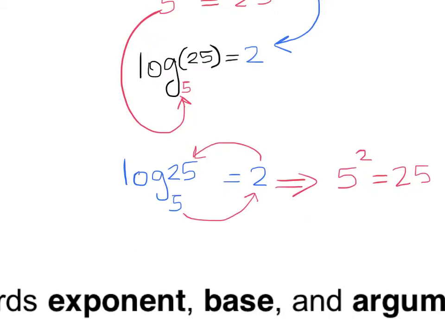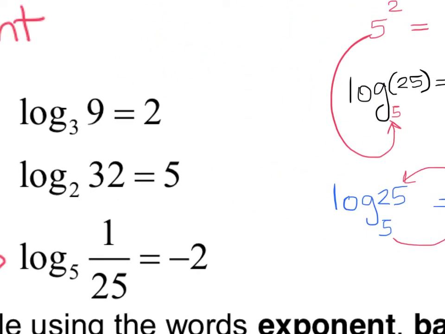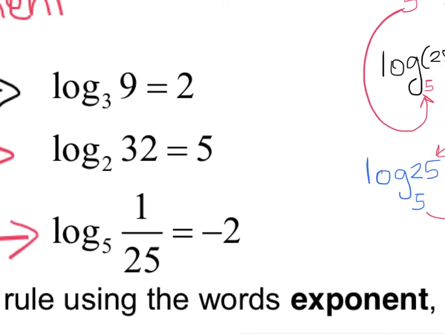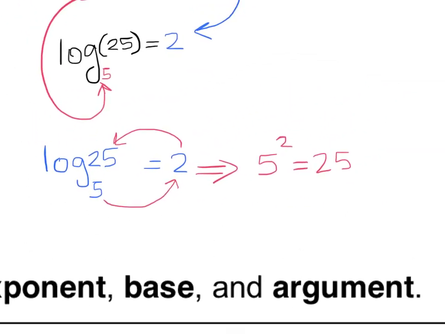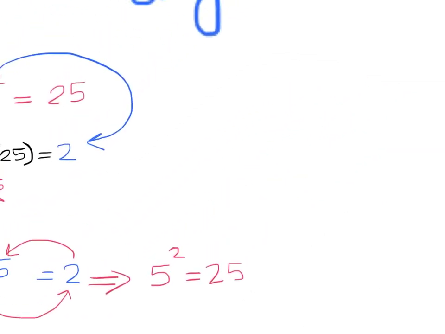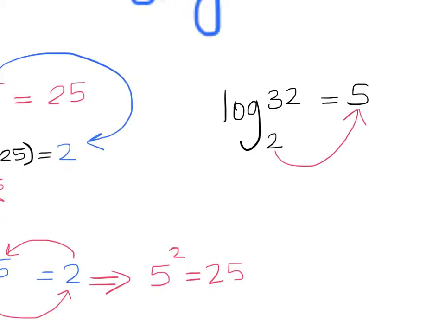You see that? Now let's try another one based on something that we had over here. So log base 2 of 32 equals 5. I think this will help you see it better. Again, 2 to the power 5 is equal to 32.